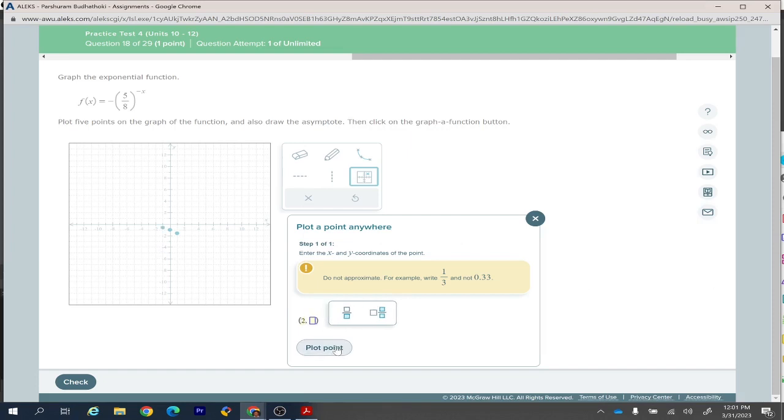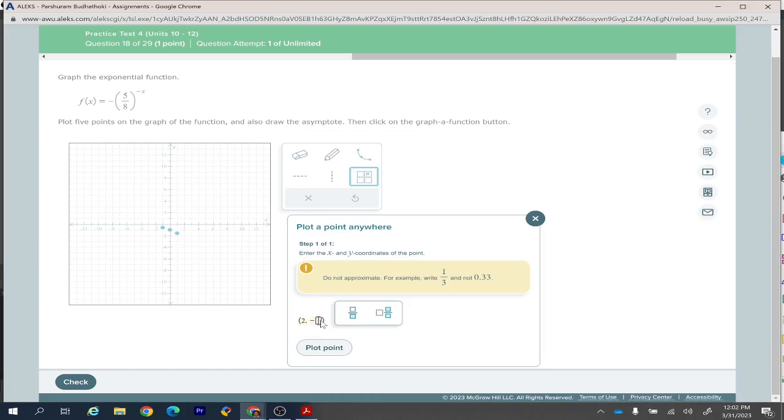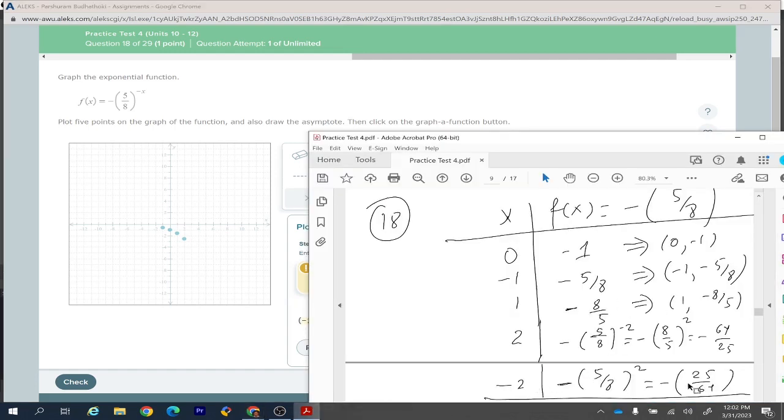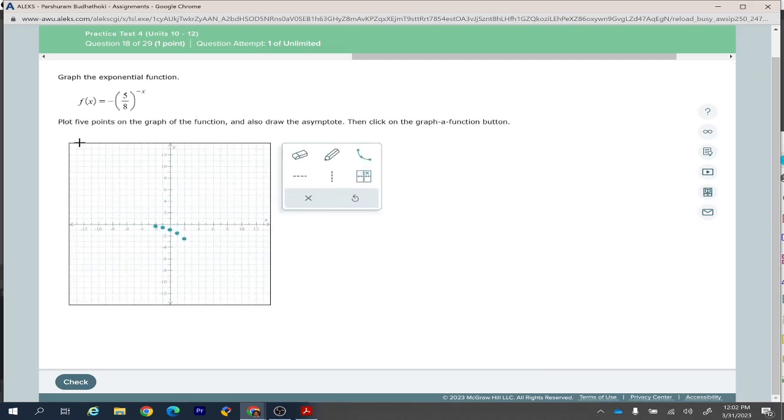At positive 2, the value is negative 64 over 25. And at negative 2, the value is negative 25 over 64. You just have to plot these 5 points on the graph of the function, and also draw the asymptote.